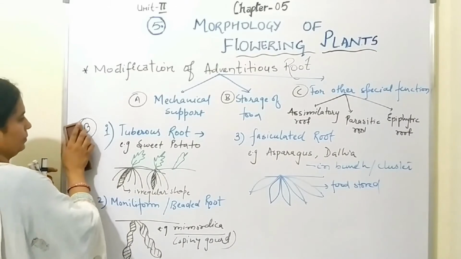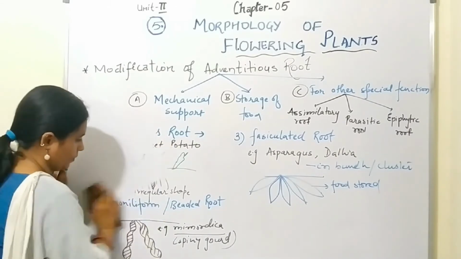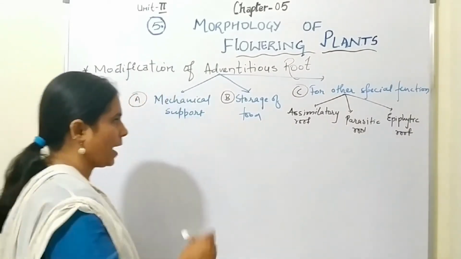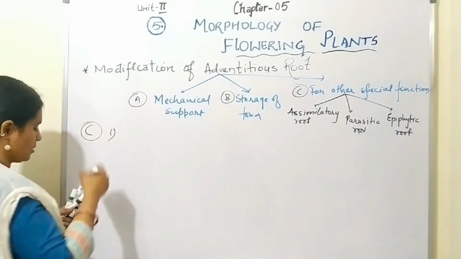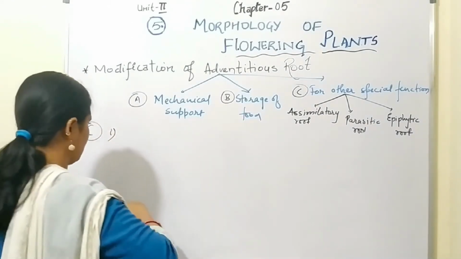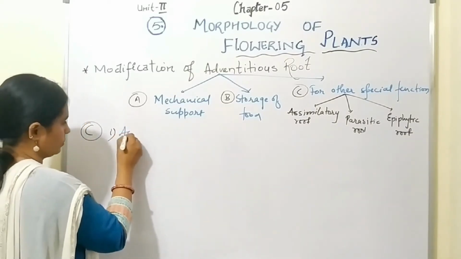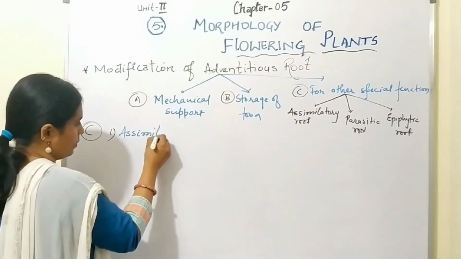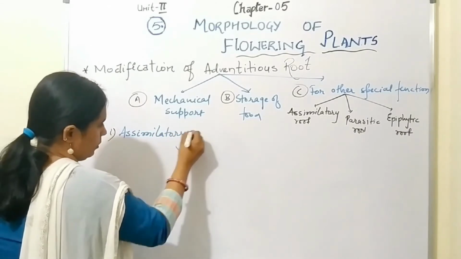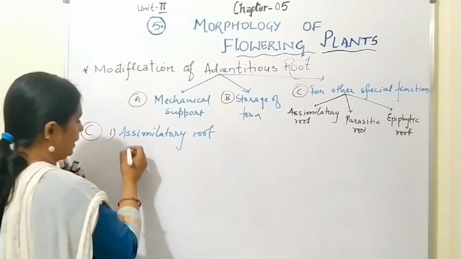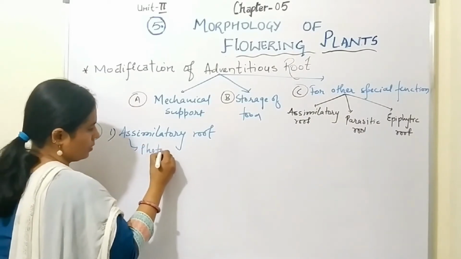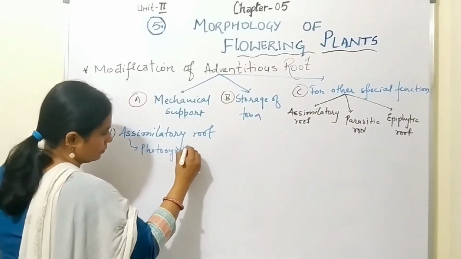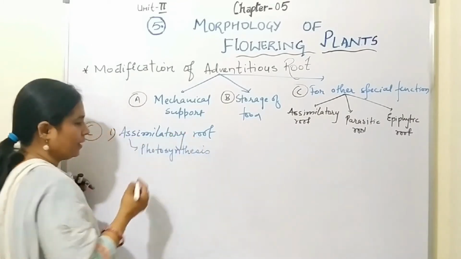Okay. So the next category is for some special function, in which we will start with the assimilatory root. And these roots are for the purpose of photosynthesis. Fine.